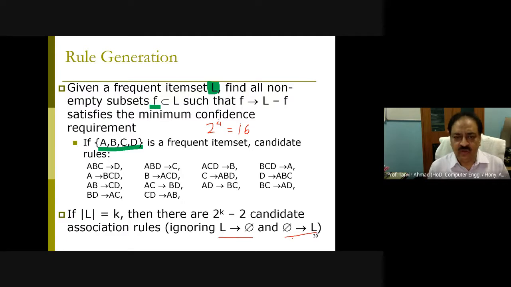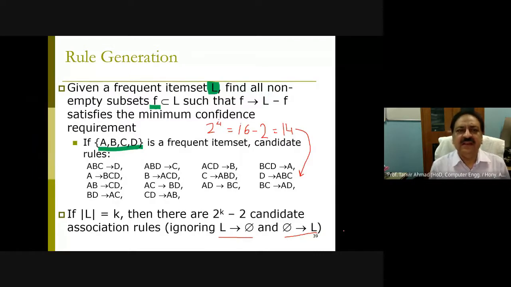So you decrease 2 from this, and I will get 14 rules. Therefore, from this 4-item set, I can generate 14 different rules.